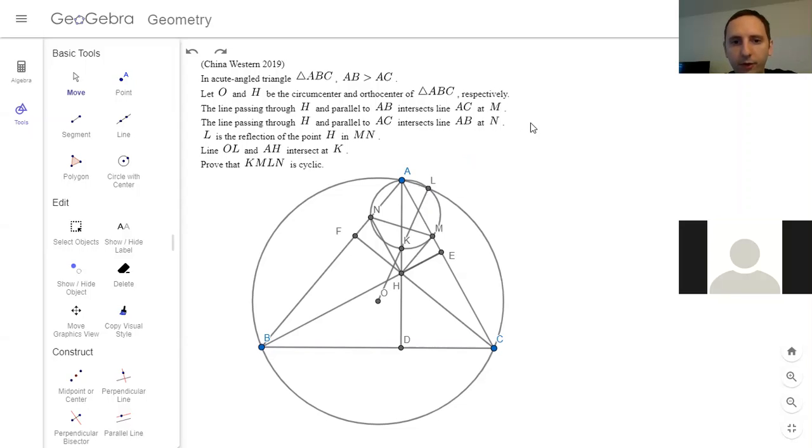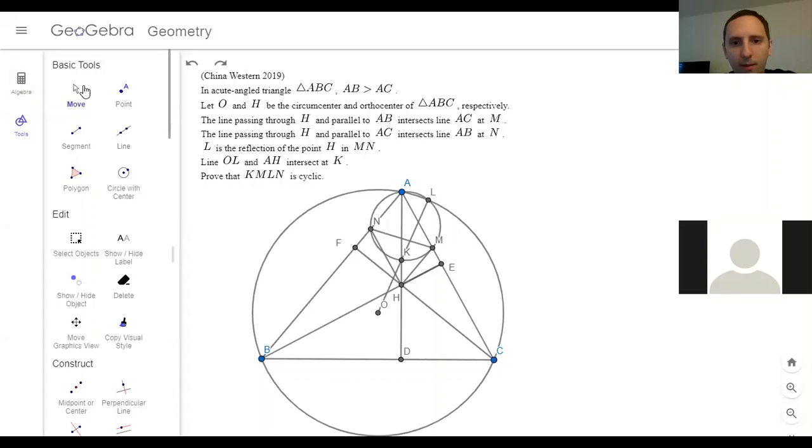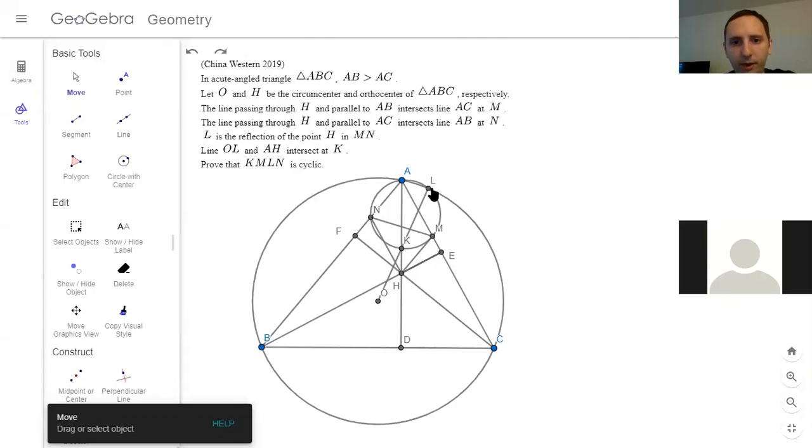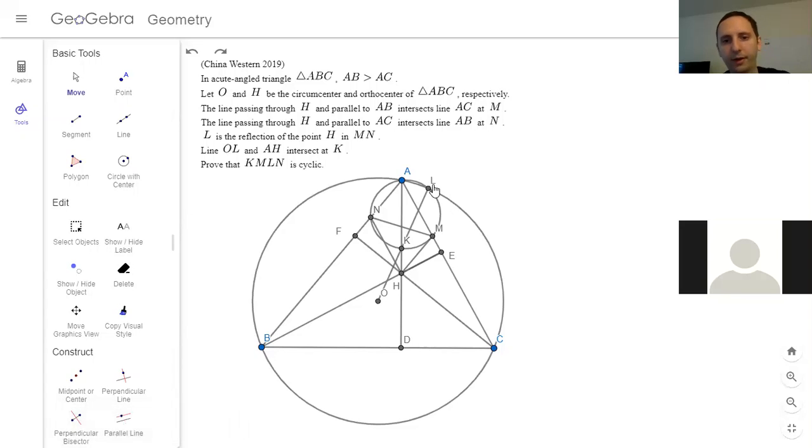It's probably just an angle chase. We know ANML is an isosceles trapezoid. Does it obviously follow from there that L lies on the circle?